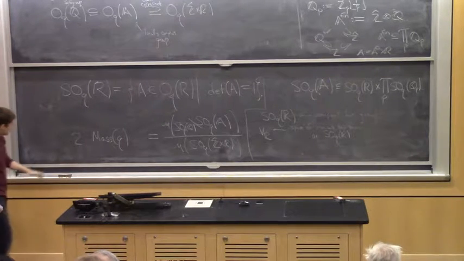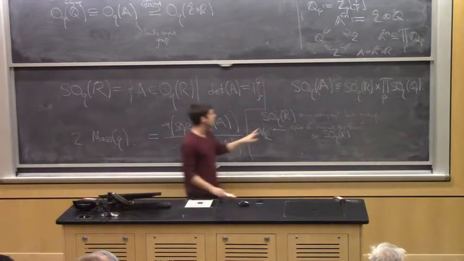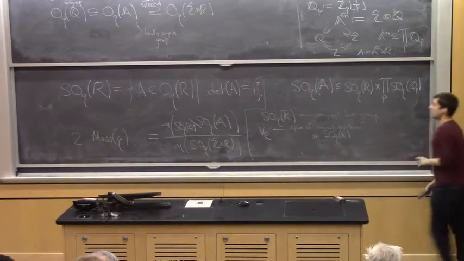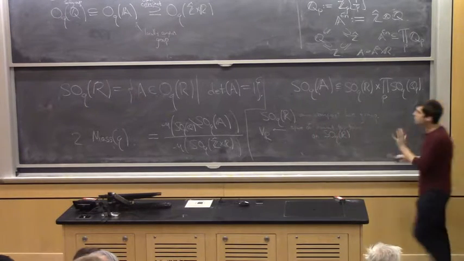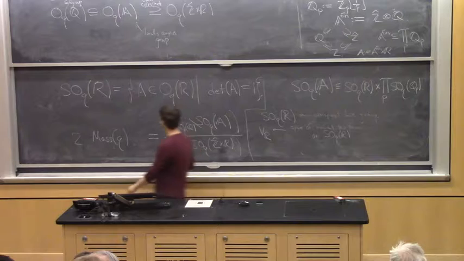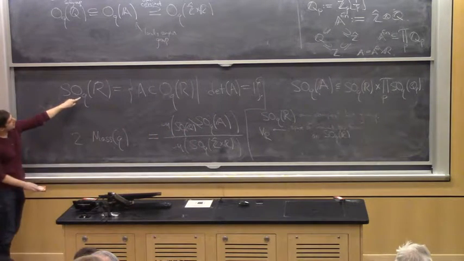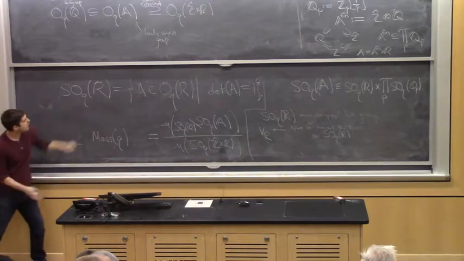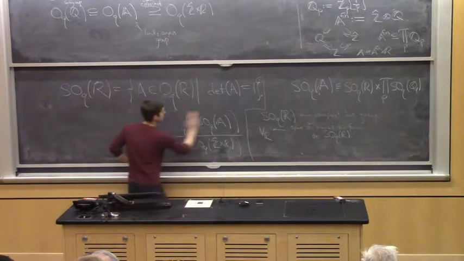But we can cut down that ambiguity a little bit by observing that this compact Lie group is not arbitrary. It actually comes to you in a very specific way. It comes to you by this formula here, which is expressing it as an algebraic group.